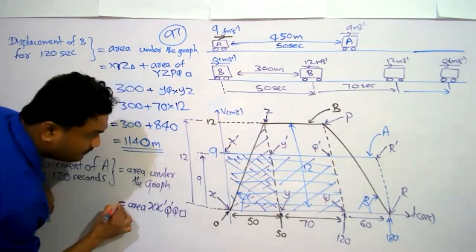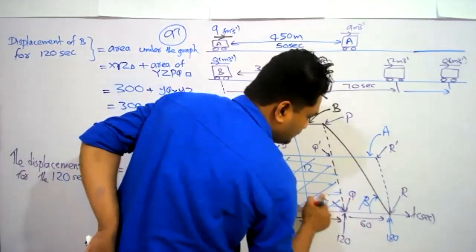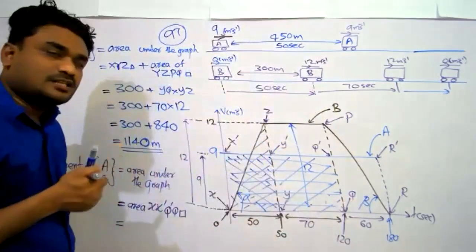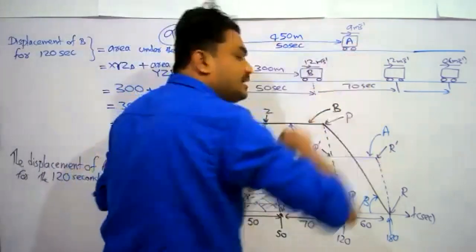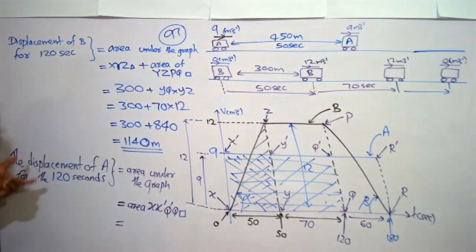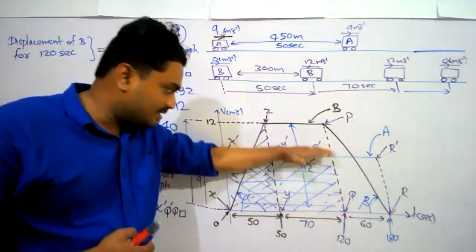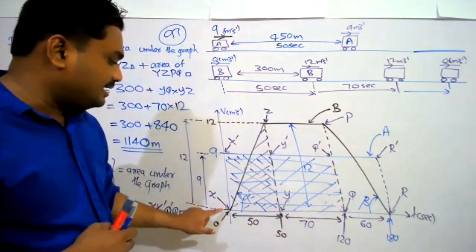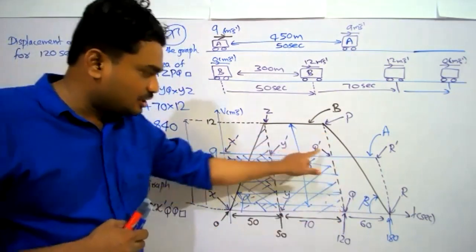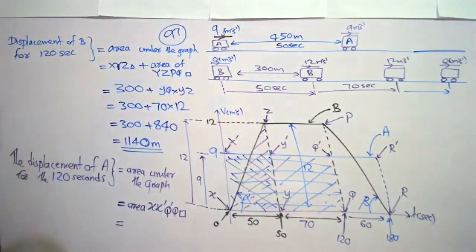Can you find this here? This point is Q, right? So the displacement of vehicle A after 120 seconds is the area under the graph, that is the area of XX'Q'Q. Find this and send your answer to my Zoom chat. Start here.